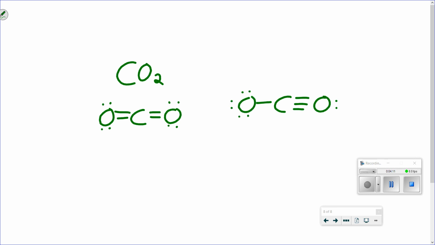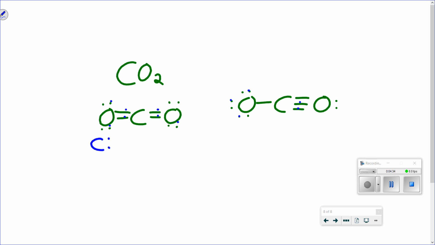In this structure, you need 16 electrons. I've got 2, 4, 6, 8, 10, 12, 14, 16 here. 2, 4, 6, 8, 10, 12, 14, 16 here. They're both same sound and seem valid. Let's check the formal charges to see which one is more valid.